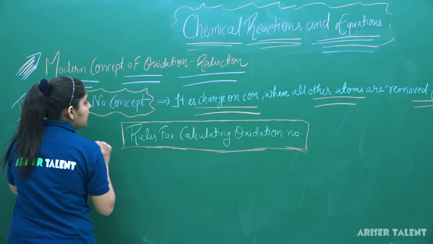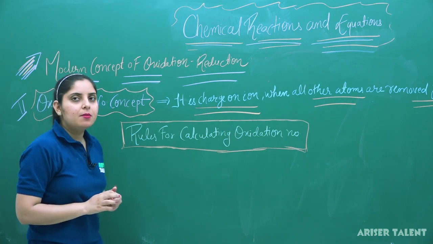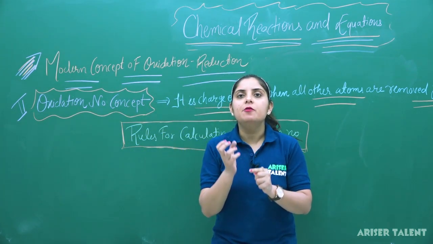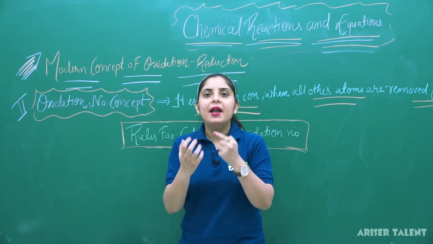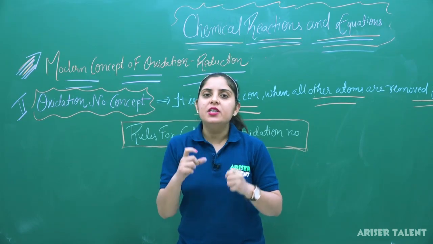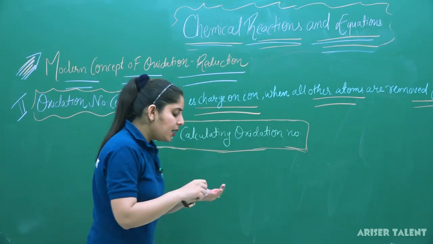Now, our first rule for calculating the oxidation number is, if I am considering the atom or ion in a free state, it means the atom is present in the uncombined form. We can say that the oxidation number of a particular element will be 0.